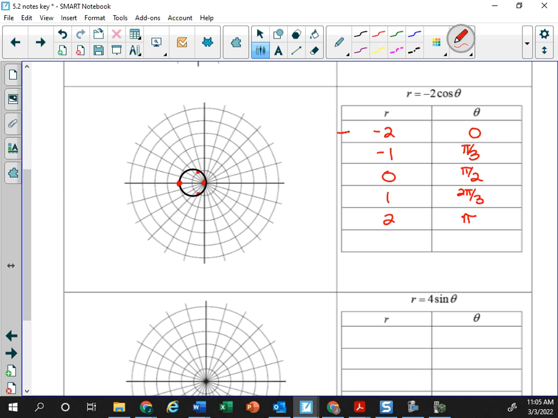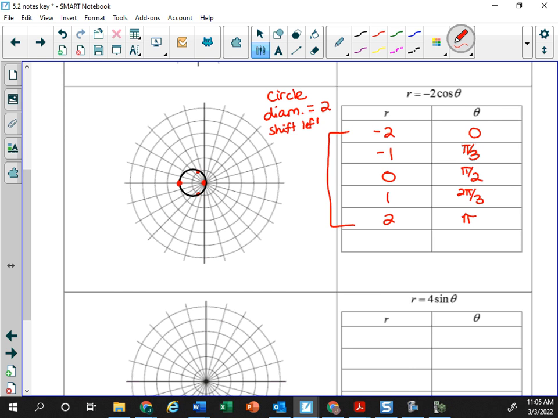These two are the same point. Okay, so this is a circle. What's the diameter of this circle? 2, okay. If we're thinking about it starting centered at the pole, where did this one shift? Up, down, left, or right? Left, okay. Shift left.